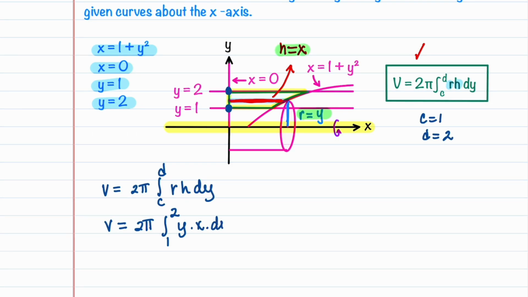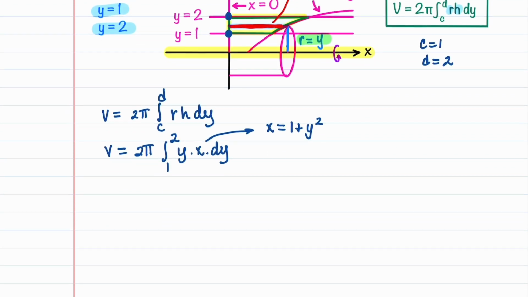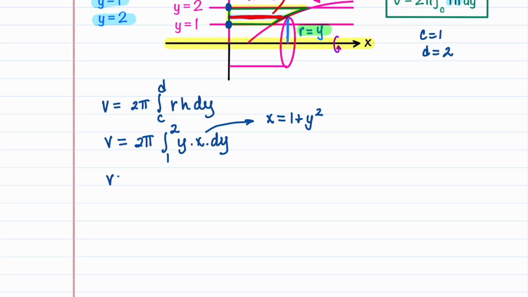And we're integrating with respect to y. Now what we have to do is substitute in what x is. x is given by our curve, 1 plus y squared. And let's go ahead and put that in. We get 2 pi, the integral from 1 to 2, y times 1 plus y squared dy.